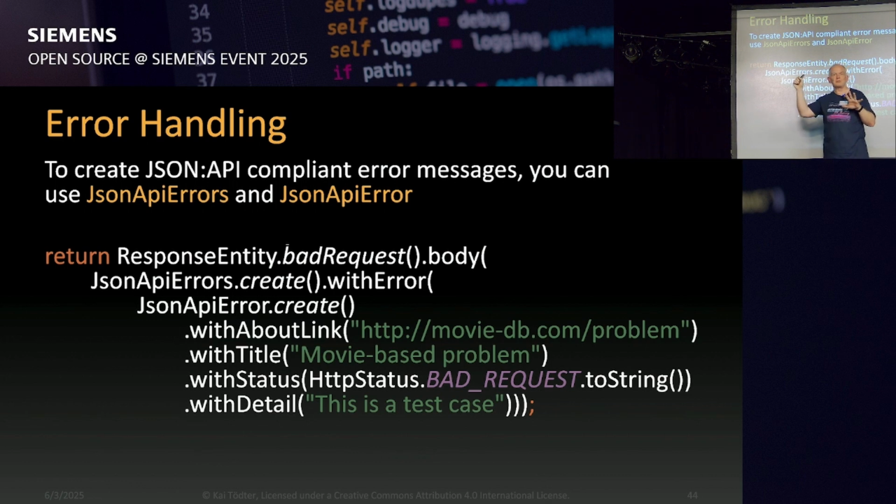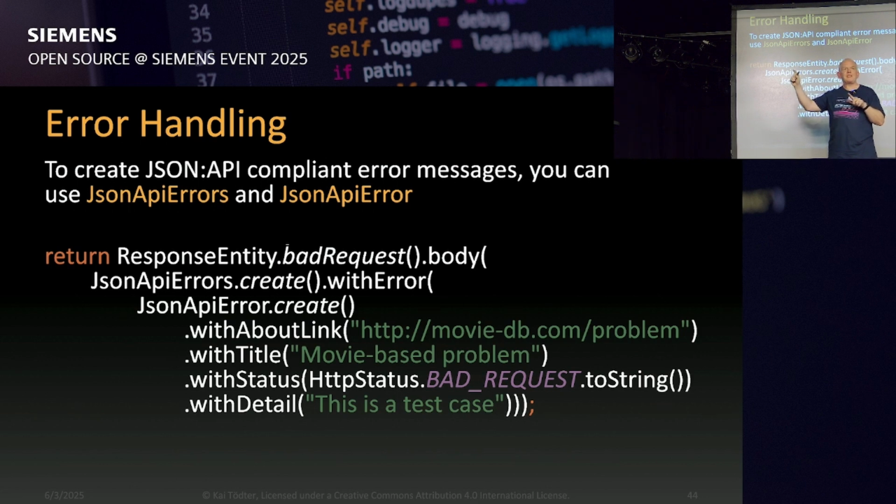This was the main reason that we softened JSON API a little bit and made it simpler to use and not so strict. The current guidelines are still 100% backward compatible. So when you are at Siemens and you use JSON API, I assure you, you are totally compliant with the current guidelines.